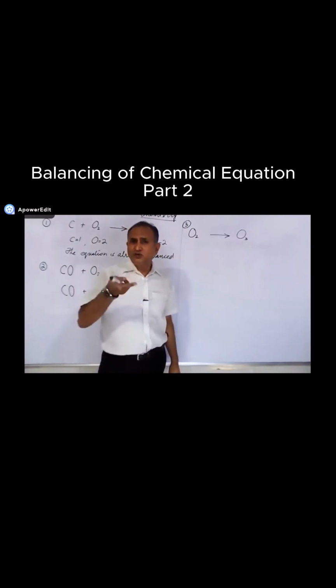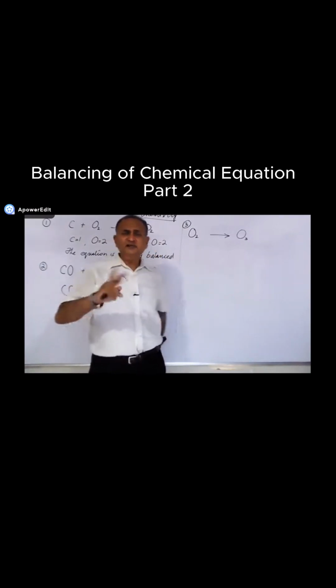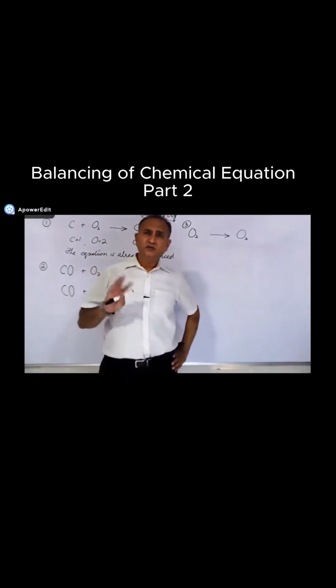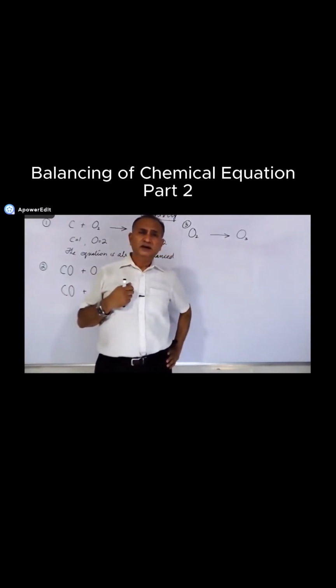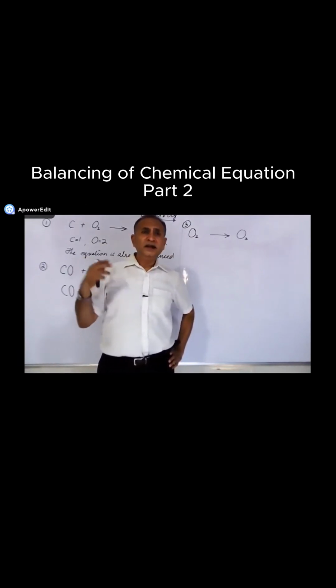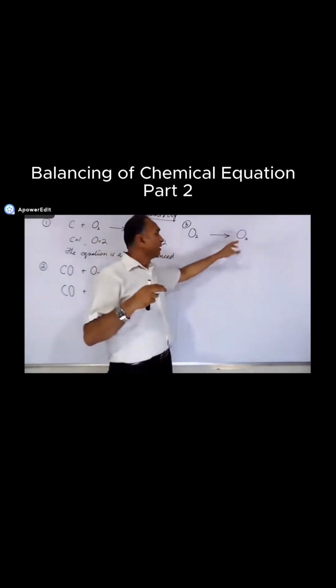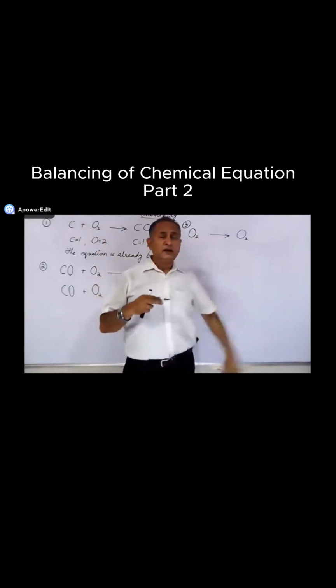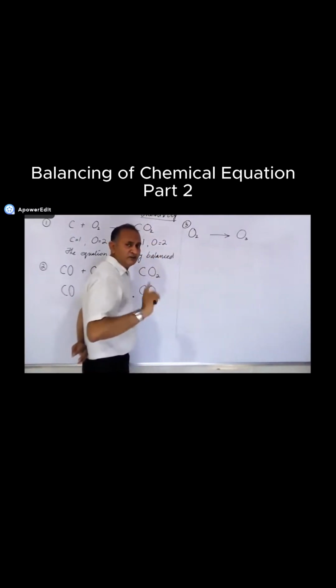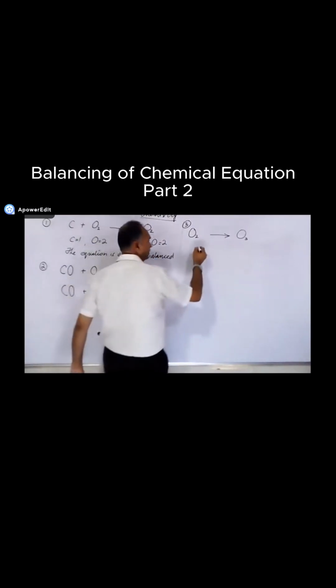If you see 2 consecutive numbers like 4 and 5, like 3 and 4, like 2 and 3, then multiply them by a crisscross method. What does it mean? The 3 would be written over here, 2 would be written over here. They will exchange their coefficients.